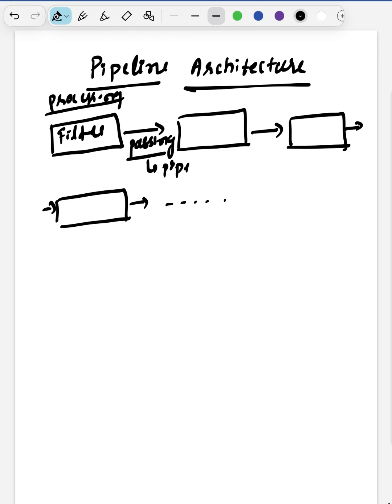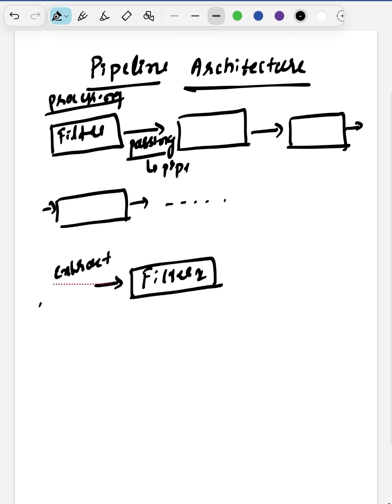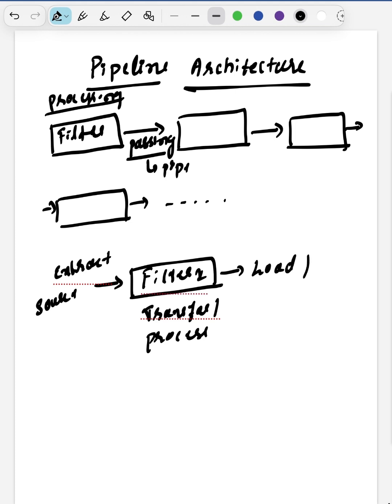Now, observe what is happening at every step. Take filter one: it extracts the data from the source, transforms or processes the data, and loads, or pushes, it to the next step.